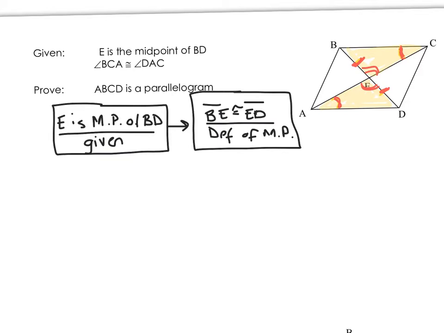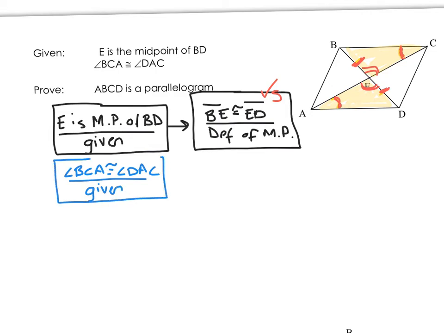And that is the side in my angle side. The next given, angle BCA, is congruent to angle DAC. That's going to be an angle in my angle side.